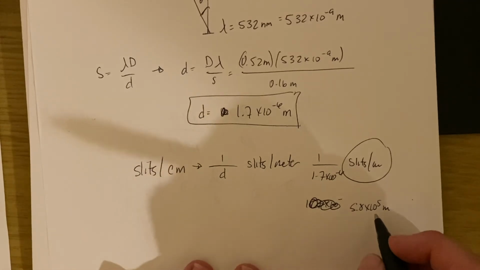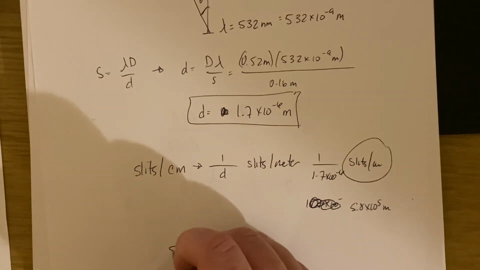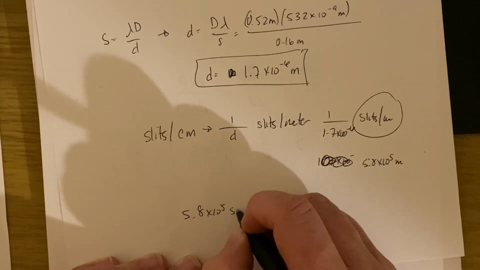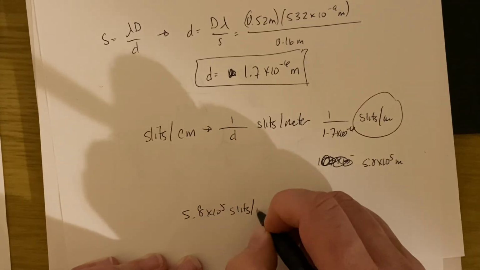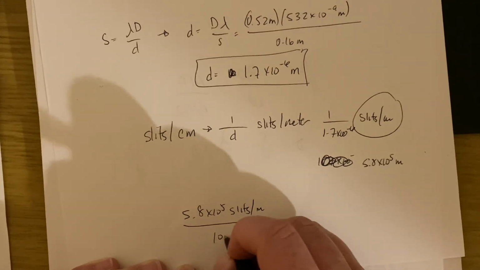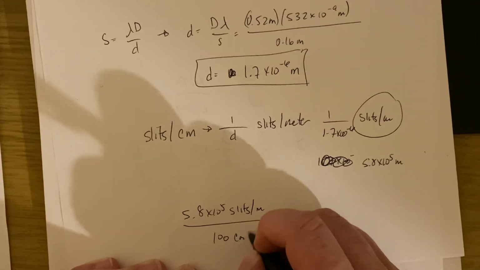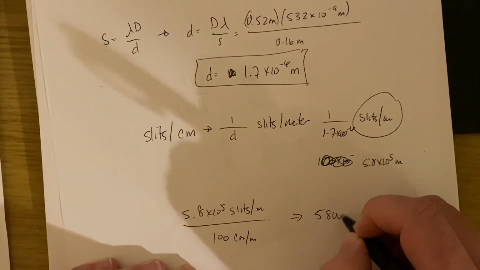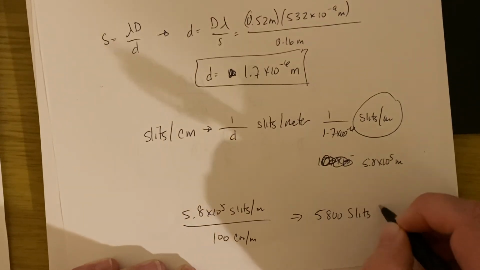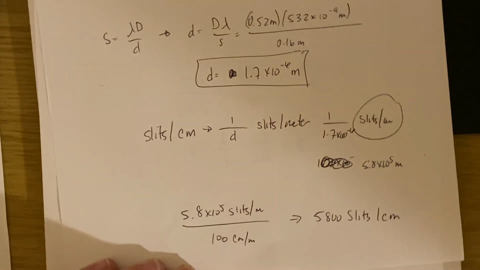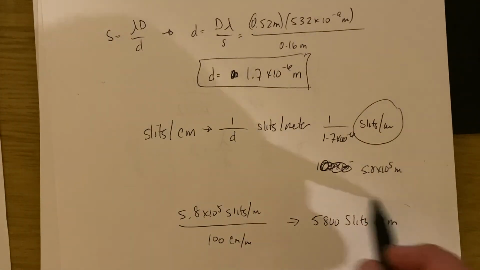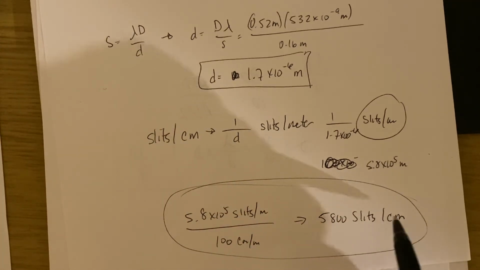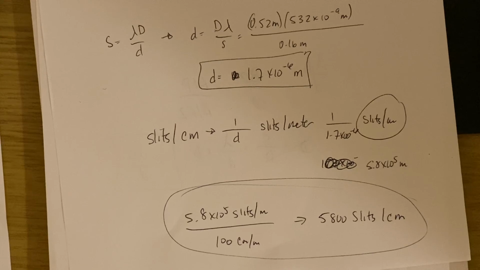And then to get slits per centimeter, we would divide that by 100 centimeters per meter, and so we would end up with 5,800 slits per centimeter. And so just know that if it's talking about a diffraction grating, and it might give you something like this, you'll have to work between the two situations here.